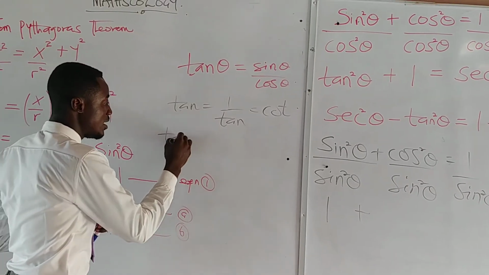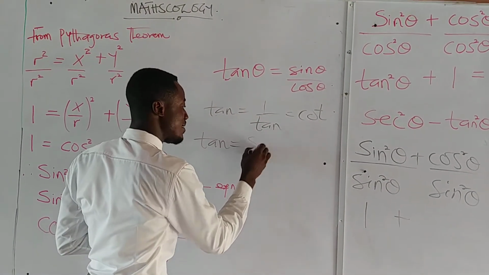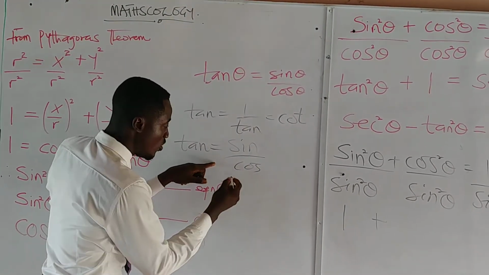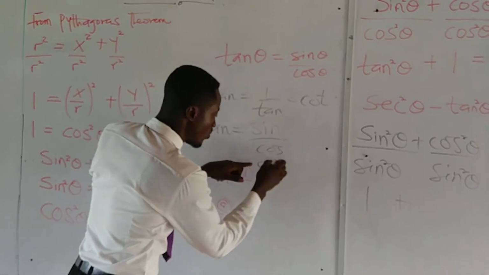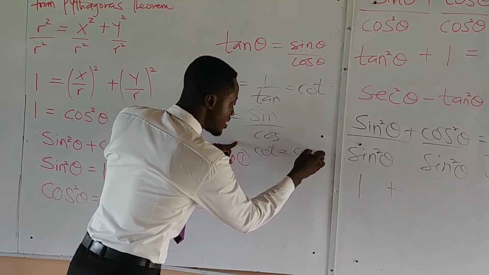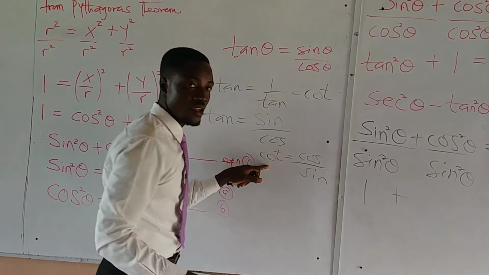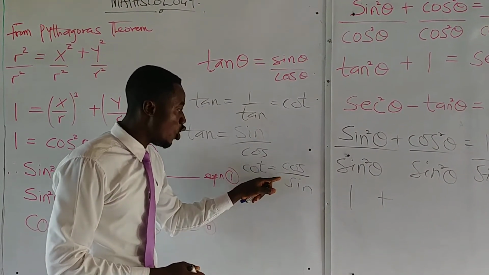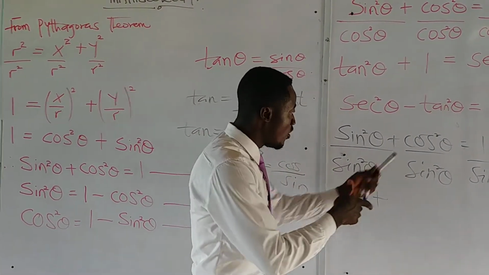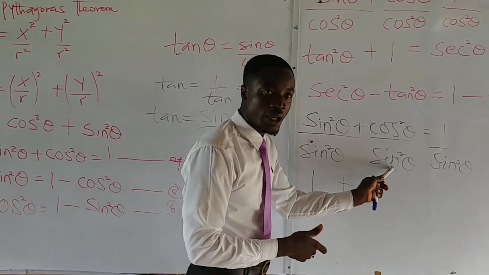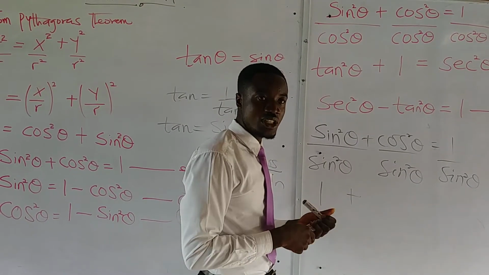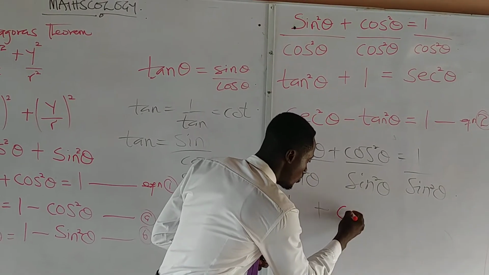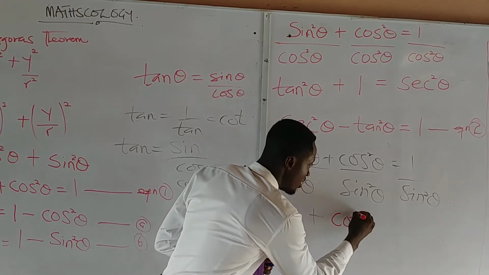And if tan is the same as sine on cos, then cot will be equal to cos on sine. So this one, cos theta squared on sine theta squared, can substitute cot. Good. So cos theta on sine theta will give us cot theta, and we bring the square.